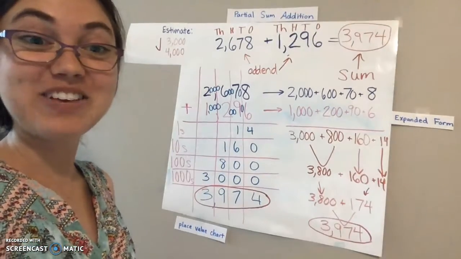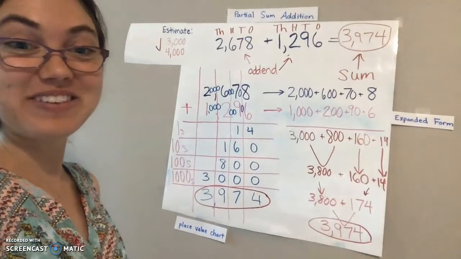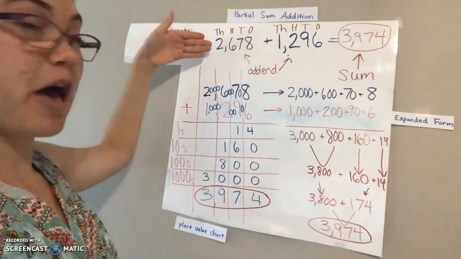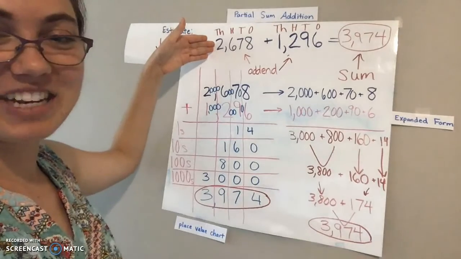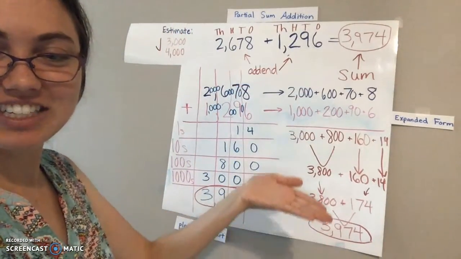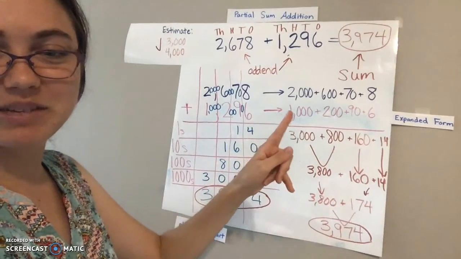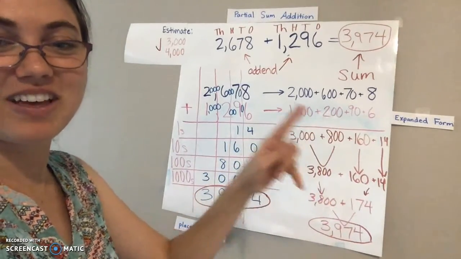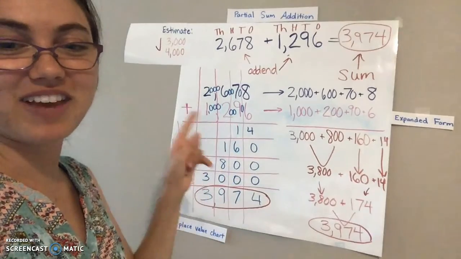Okay, I hope that you now are able to solve multi-digit addition problems using partial sums addition, putting them into parts based upon place value, or using a place value chart.